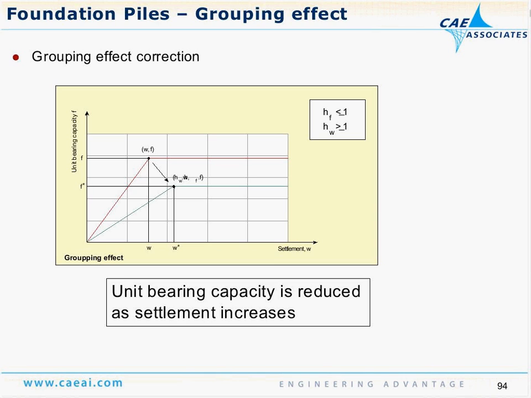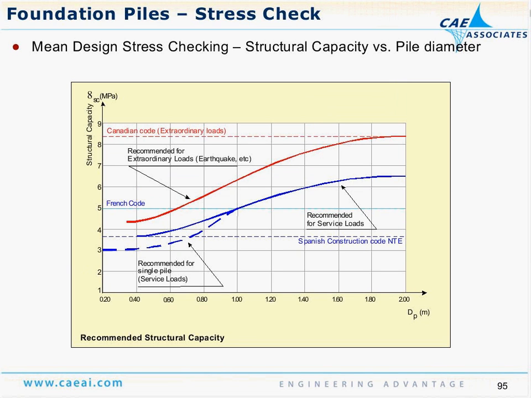CivilFEM will also take into account the fact that if a number of piles are grouped closely together, it accounts for the grouping effect of the piles on their response in force versus settlement or force versus deflection. It also looks at the design strength in terms of the structural capacity versus pile diameter, both for a service type load or earthquake type response.